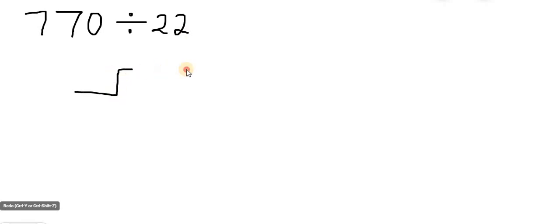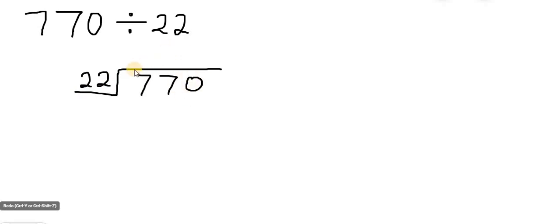Something more complicated. Now, no panic is necessary. 22 on the outside, 770 on the inside.